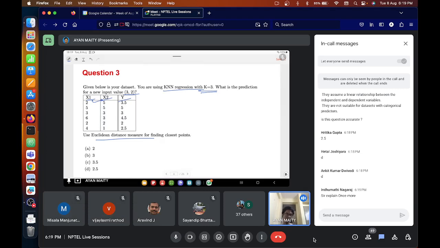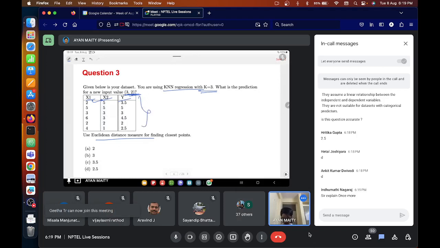So in k-n regression, we try to find out the k nearest neighbors of the point given to us. So the new point given to us is this point 3 comma 2. This is the new point, and we will try to find out the k nearest neighbors of this point 3 comma 2. Here k is 3, so 3 nearest neighbors you have to find out from the dataset.